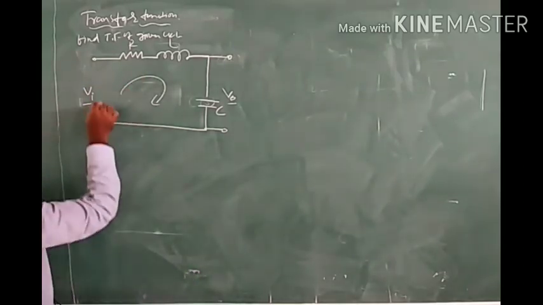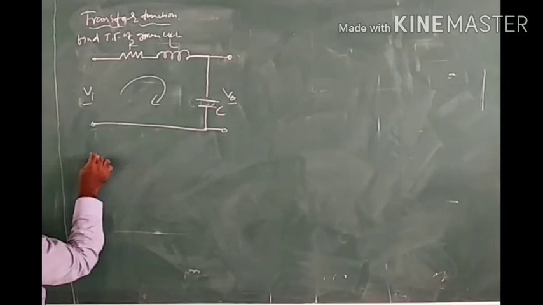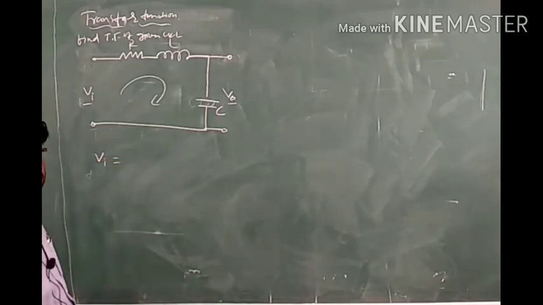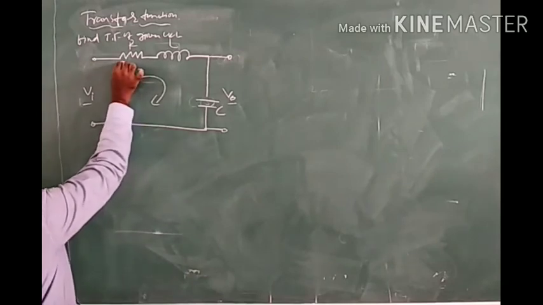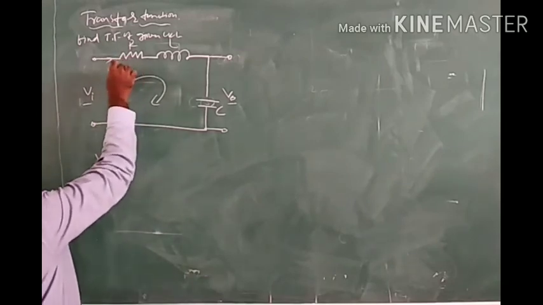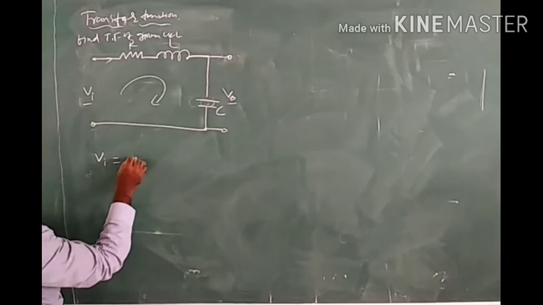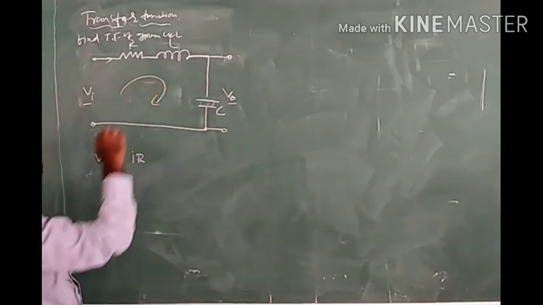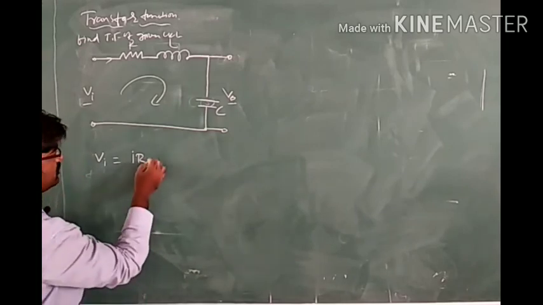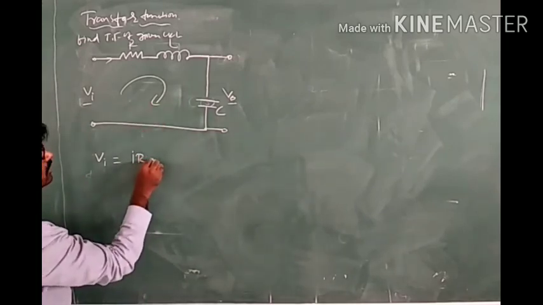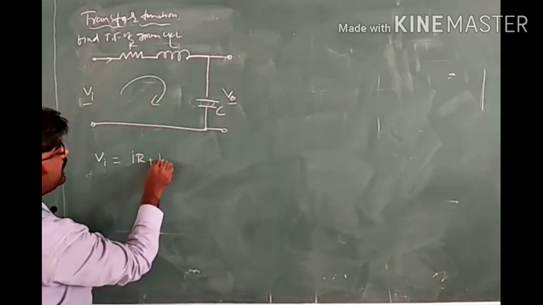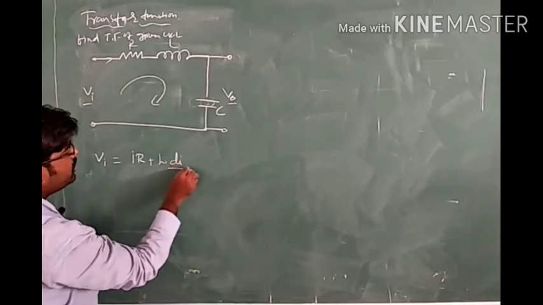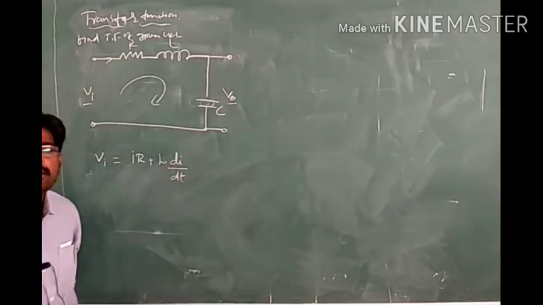See here. Vi is equal to, if we pass the current and apply KVL, I into R. If current flows across the L, what is the equation of voltage? Plus L into di by dt.